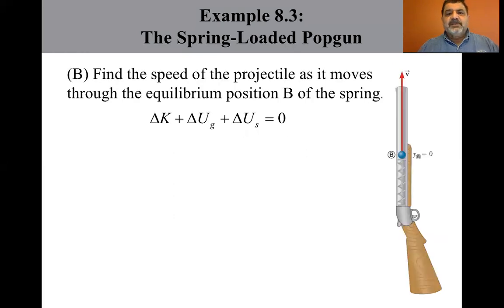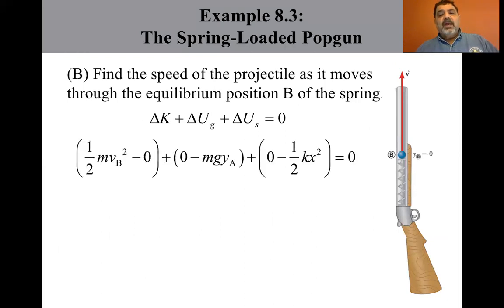Okay, let's see. Find the speed of the projectile as it moves through the equilibrium position B of the spring. So the change in kinetic energy plus the change in gravitational energy and the change in spring potential energy all equals 0.